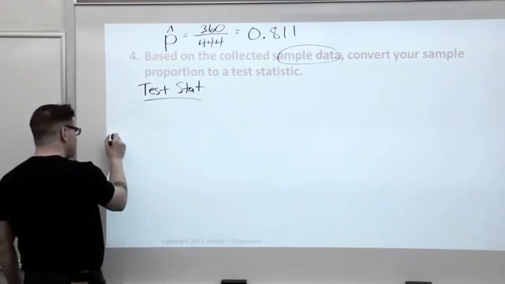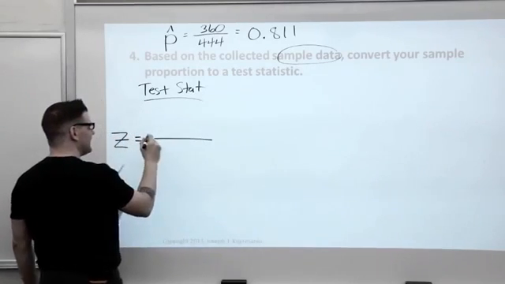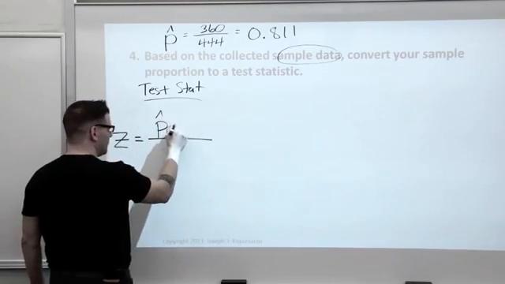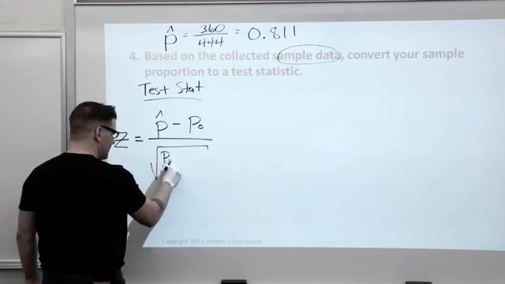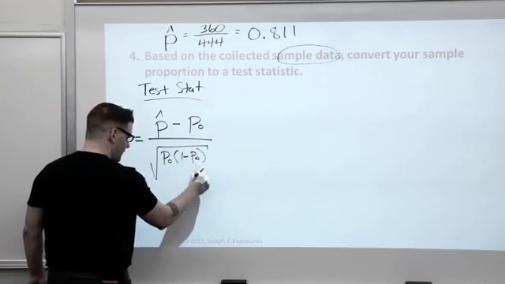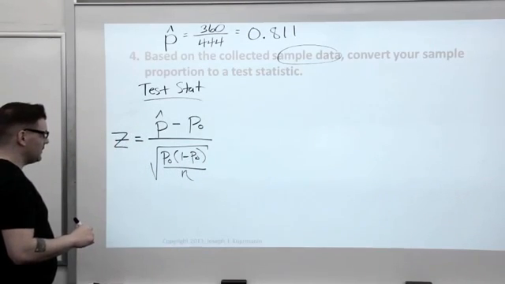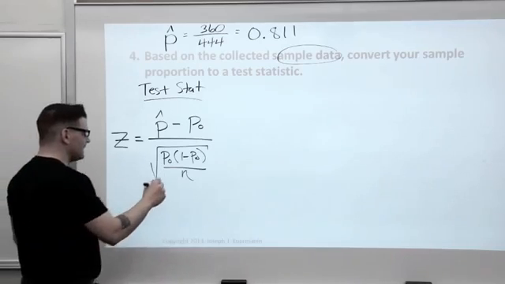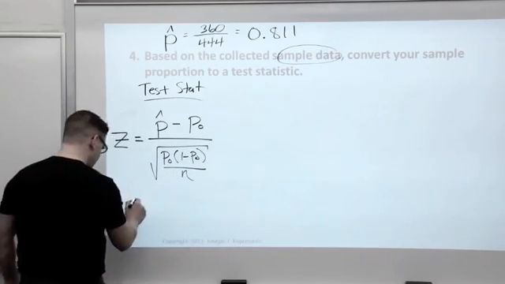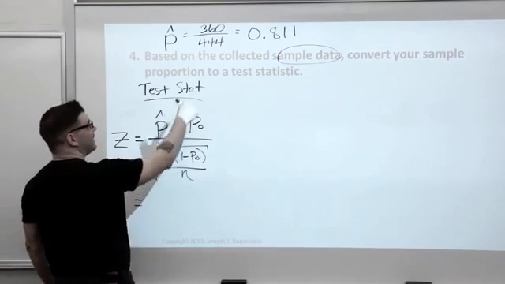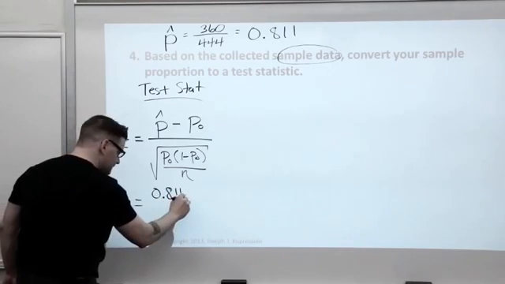Test statistic. The formula looks like this. Z equals, let's see here. I'll do the letters one more time. It's p-hat minus p sub 0, all over the big square root of p0 times 1 minus p0 over n. All right. Down here, your p-hat value is the sample value. It's the 0.811.